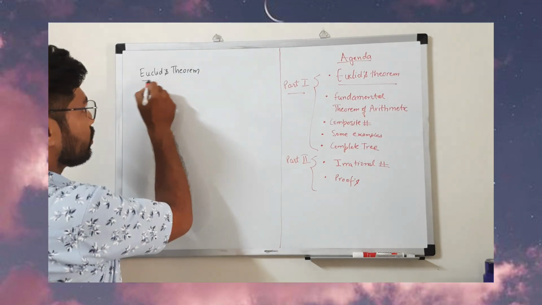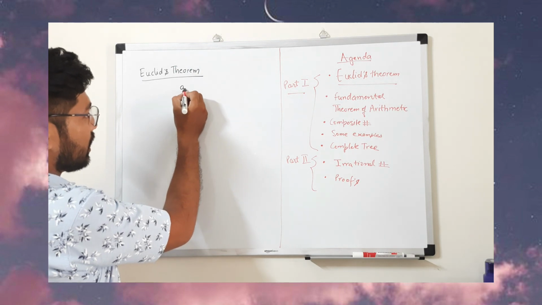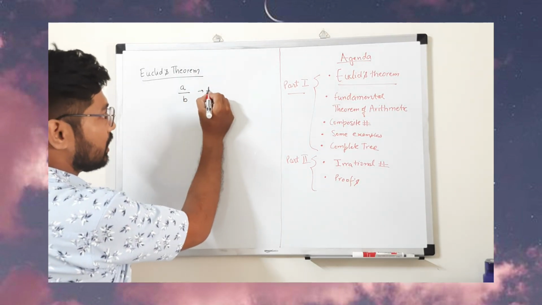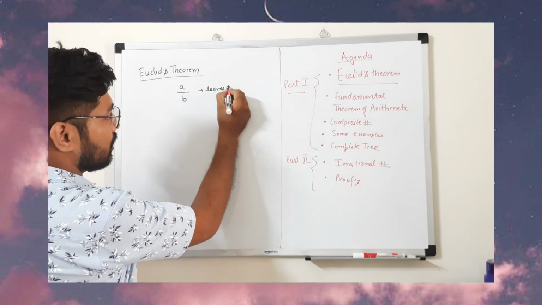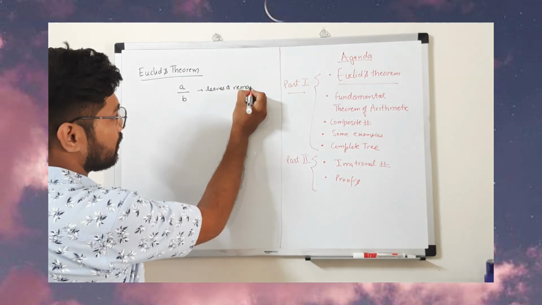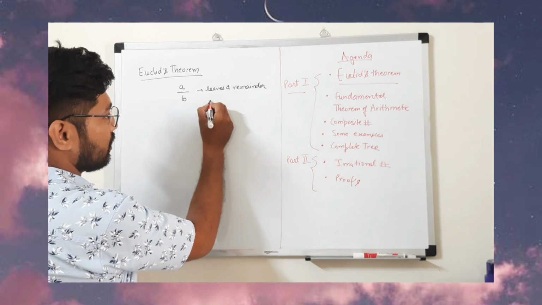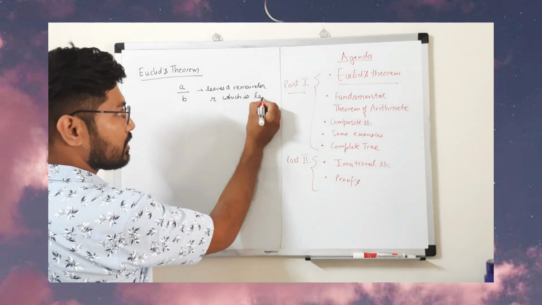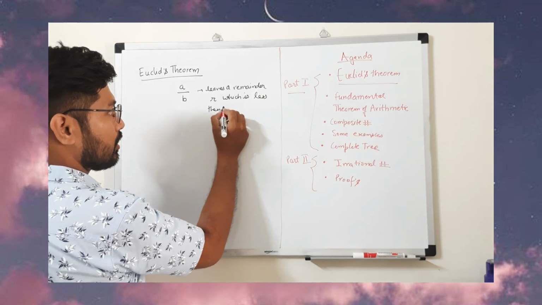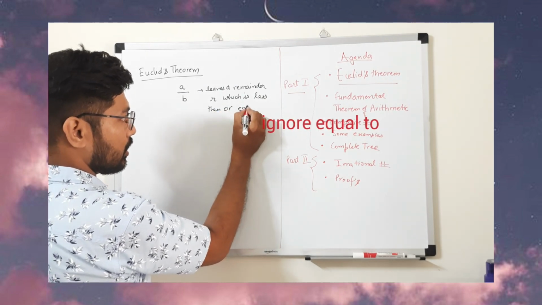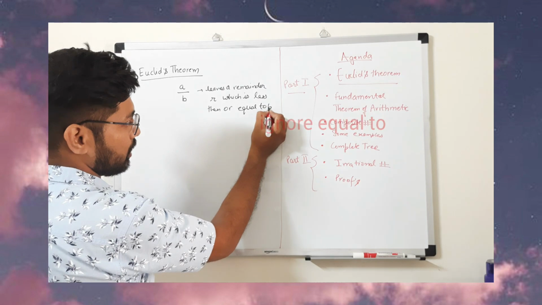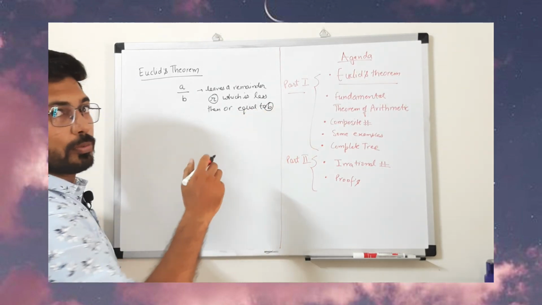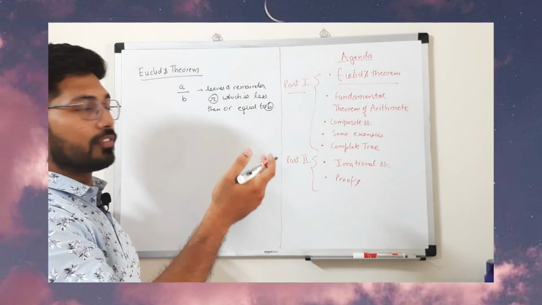Euclid theorem says if any integer a is divided by integer b, it always leaves a remainder r which is less than b. This is obviously the kind of division you do.